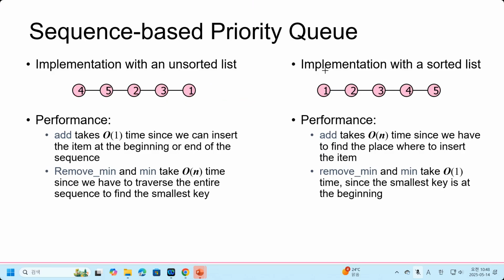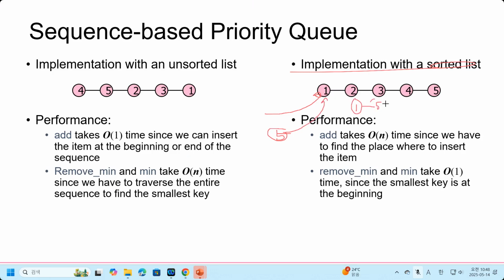Now, the other implementation is the sorted list. In the sorted list, every time we have a value, we check. Okay, now I will input 1. Let's say I want to input 5. What is the position? I need to compare 5 with 1. Okay, 5 is higher than 1, so I put 1 and then 5.